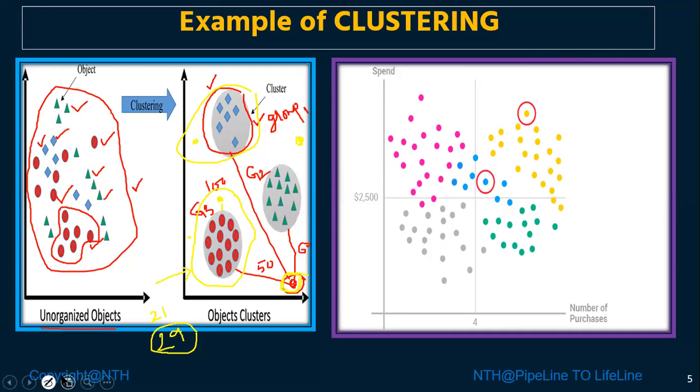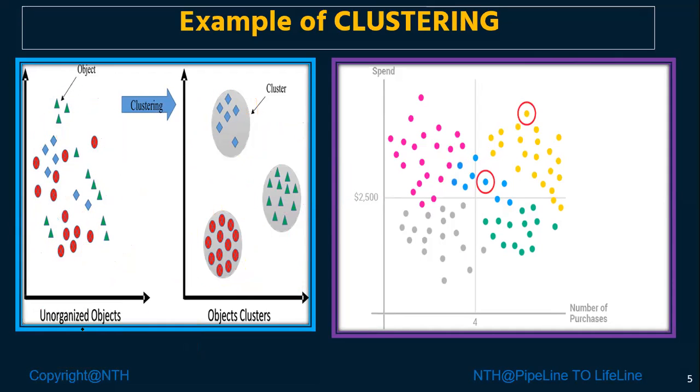See here, this is the noticeable point I wanted to make very clear about all these things. Here is another example I have taken: the number of purchases. It is an e-commerce application. Based on the number of purchases you have made, I'm going to categorize the spending into 4 categories, 4 groups.